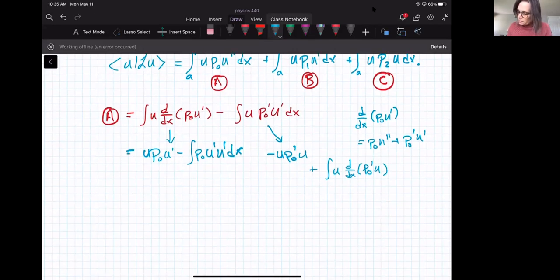That's this. This is then equal to u p naught u prime. I'm going to integrate this by parts.